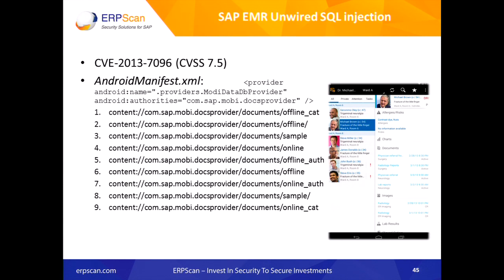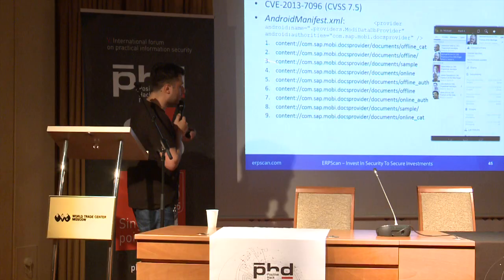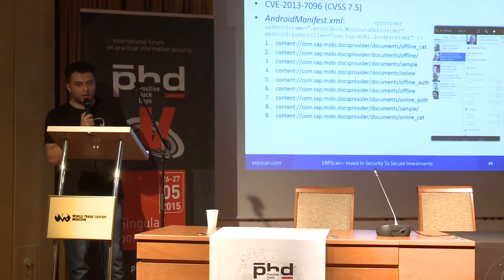The vulnerability that was discovered here wasn't an SQL injection vulnerability. It was a possibility for programs installed on Android to turn to the SAP EMR Unwired program and send a vulnerable request to the content provider. A content provider is a part of Android which is responsible for communication between applications.